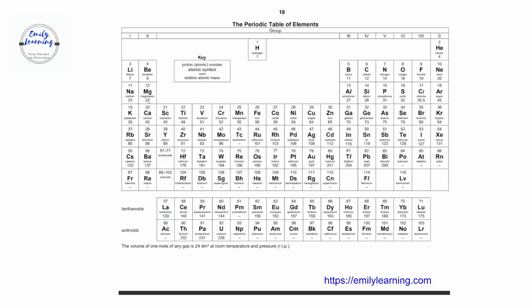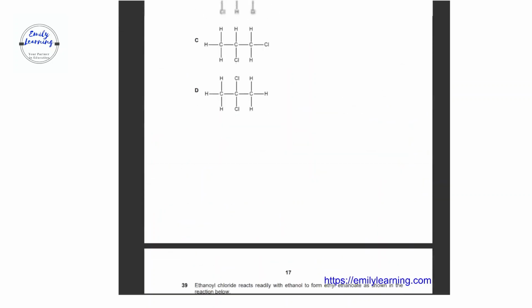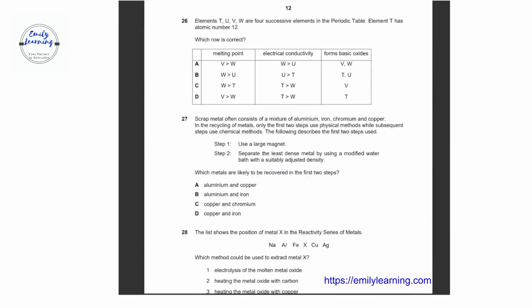So we know that this is magnesium and this is T. So U will be aluminium, silicon will be V, and phosphorus will be W. So this is T, U, V, and W. So let's write it out. T is magnesium, U is aluminium, V is phosphorus, and W is sulfur.